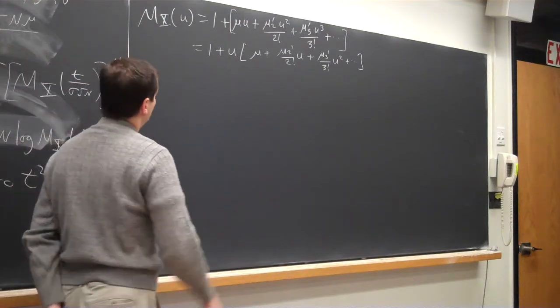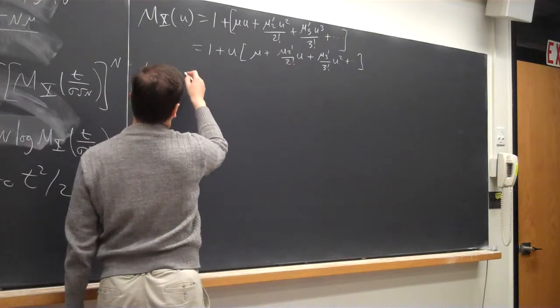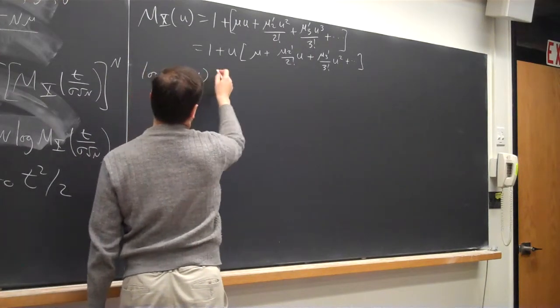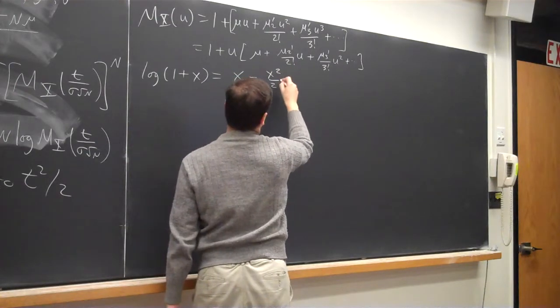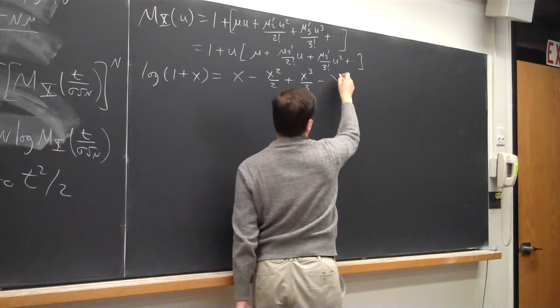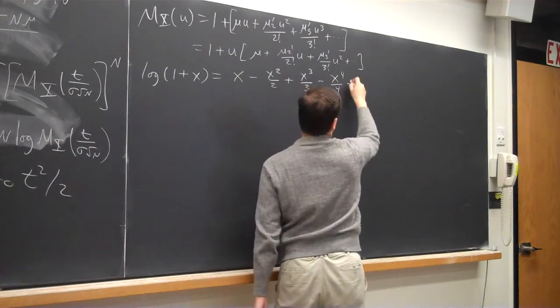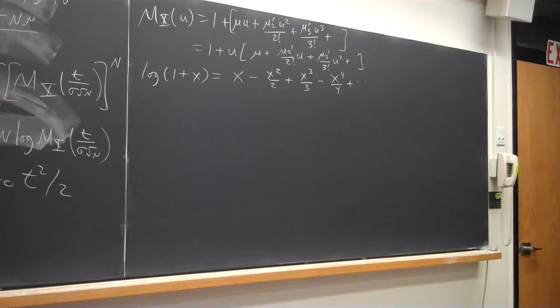Now, if I look at the log of 1 plus x, this is x minus x squared over 2 plus x cubed over 3 minus x to the 4th over 4. So this is what I get when I look at the log of 1 plus x. Everything I'm doing now should be in the book. It's just algebra from this point.